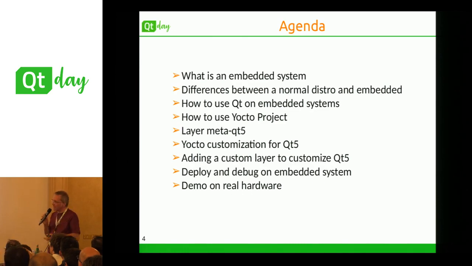At the end, we start analyzing how to customize the environment, adding the several components you can use with the Qt layer, and deploying and debugging it on real hardware. And at last, a small demo running the Qt image generated with the famous Cinematic Experience demo on a Raspberry Pi.